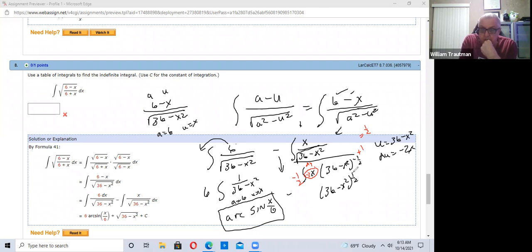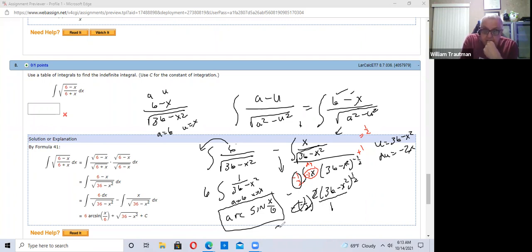Remember, you add 1, then you put the new power down below and flip up the 2. So this is still sitting in front, a negative and a negative 1/2. So these cancel, the negative changes to a positive.